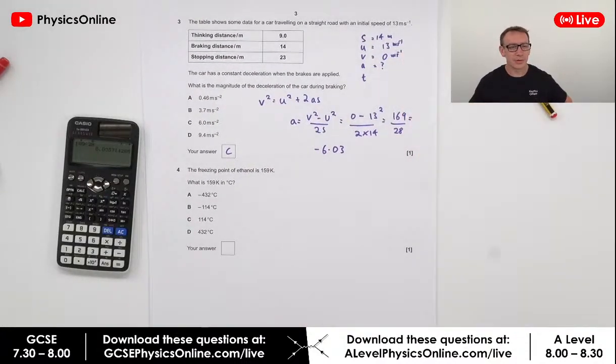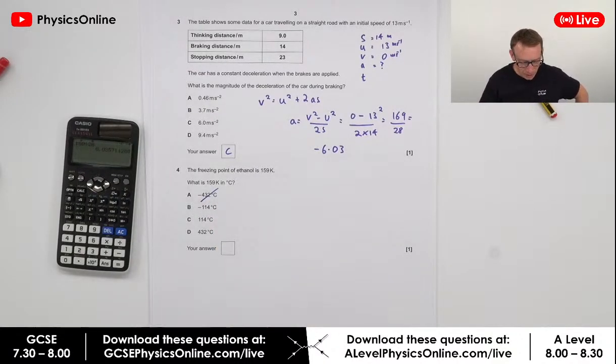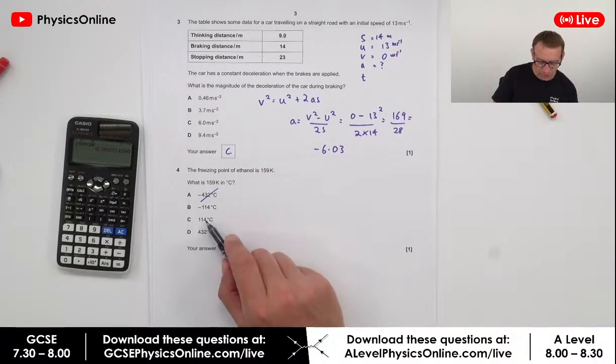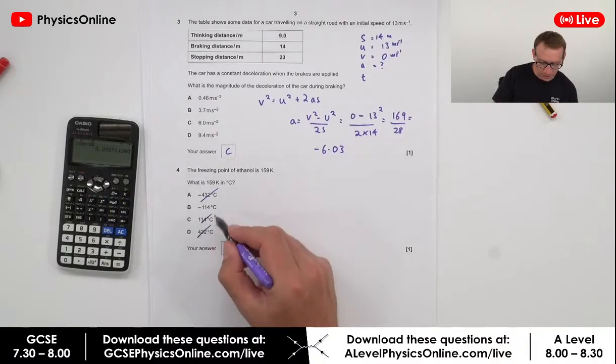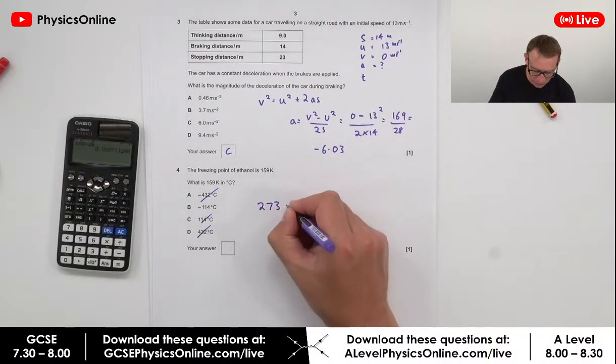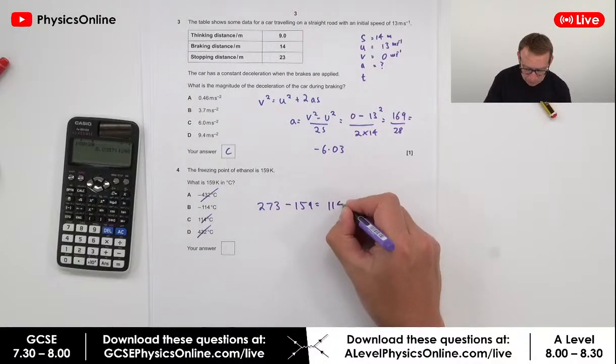Okay, the next one, the freezing point of ethanol is 159 Kelvin. What is 159 Kelvin in degrees Celsius? Well, basically, it can't be that one because you can't have minus 432. We know it's not going to be above 100 degrees. We know it's not going to be that one, so the answer must be B. In actual fact, we know that 273 take away 159 is equal to 114.